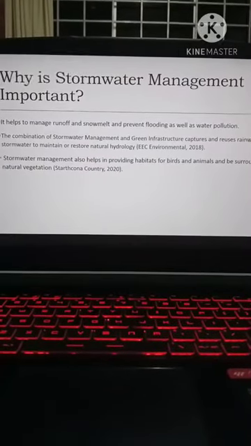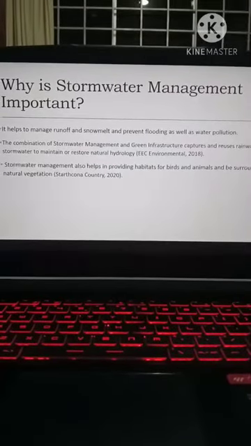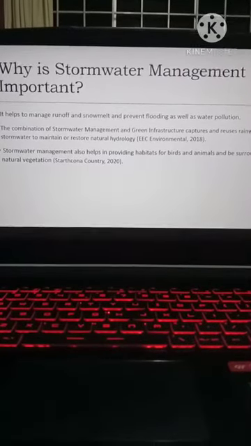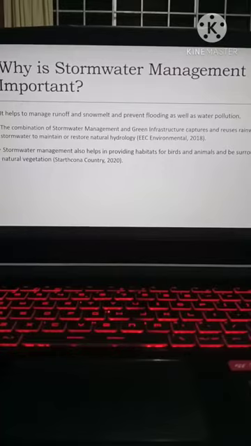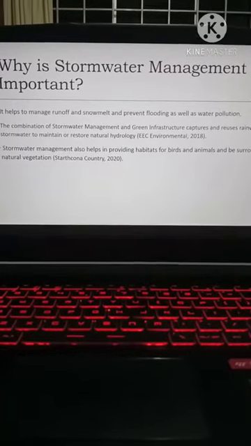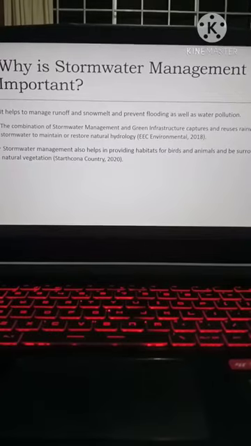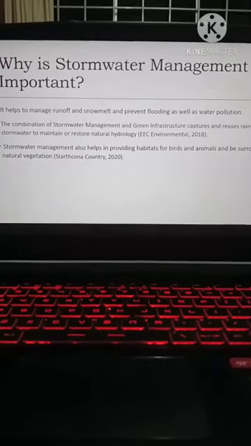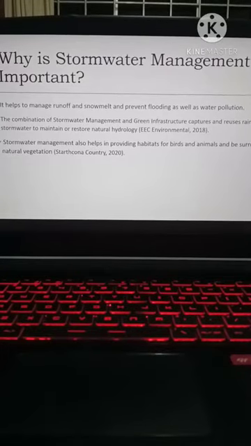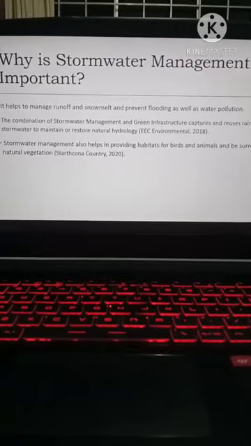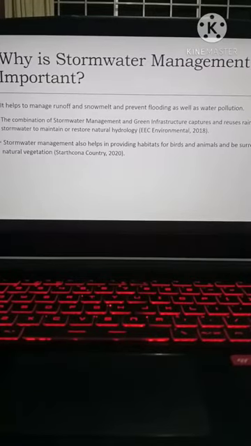Okay, now there would be a question on why stormwater management is so important. I would like to tell you that this system is so important that it helps us to manage runoff and snow melt and prevent flooding as well as water pollution. Next, the combination of stormwater management and green infrastructure captures and reuses all the rainwater to maintain or restore natural hydrology.